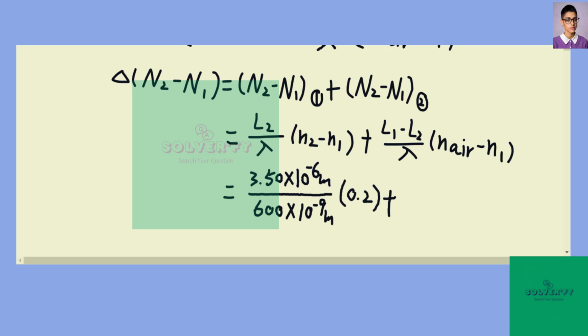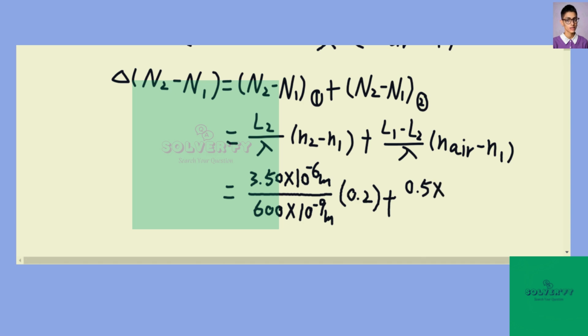Plus L1 minus L2. L1 is given as 4 micrometers, so it's 4 micrometer minus 3.5 micrometer, which is 0.5 micrometer. So L1 minus L2 is 0.5 micrometer. But remember, micrometer is equal to 10 to the power of -6 meters.